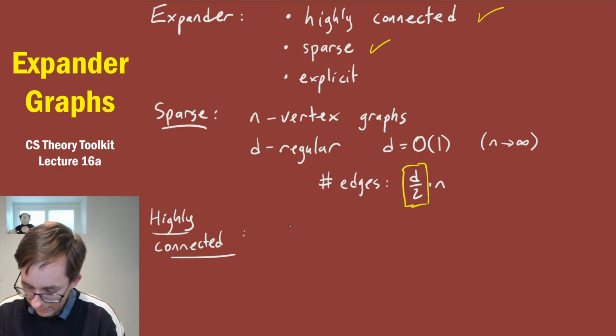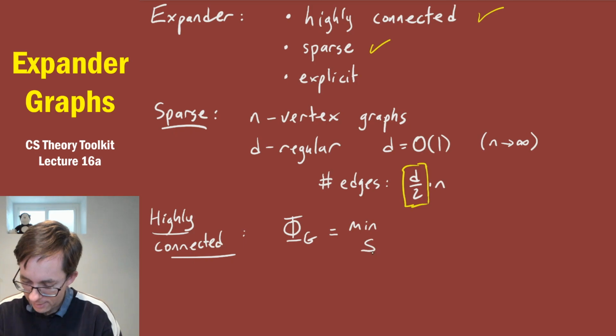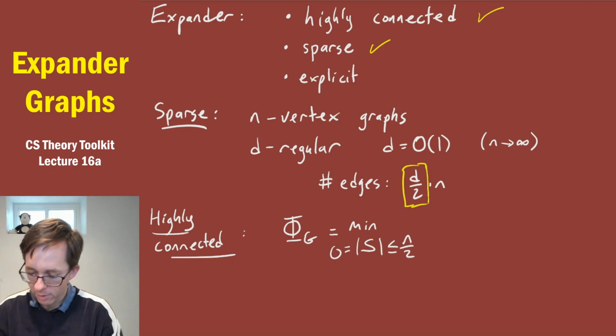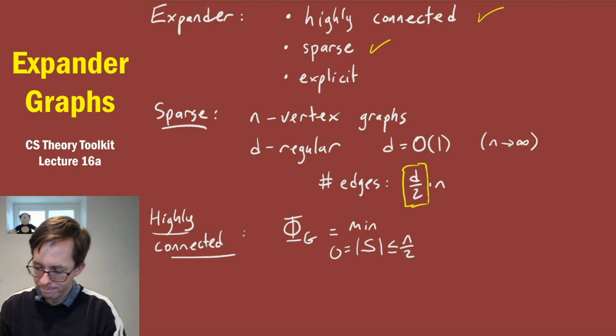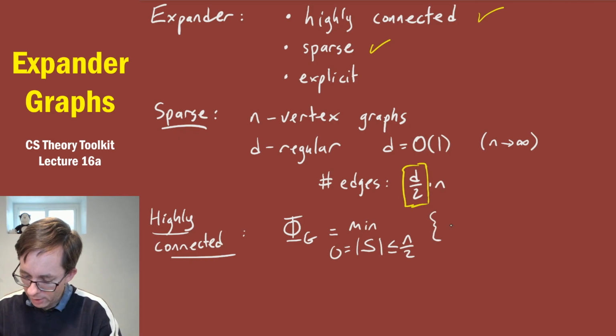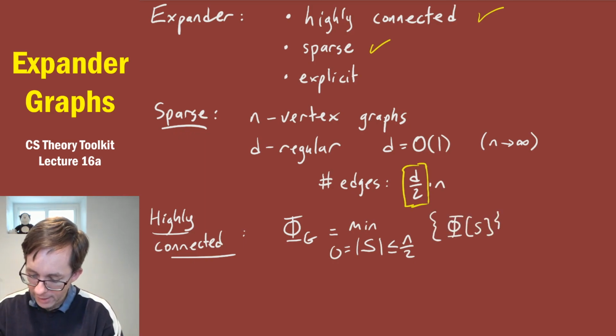So we looked at phi g, the minimum conductance. This was the minimum over all sets of vertices S, whose size is not 0, and we look at up to half the number of vertices, of the conductance of S. And what was the conductance of S?